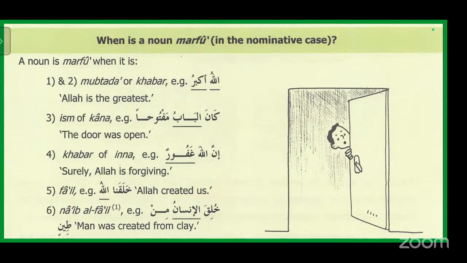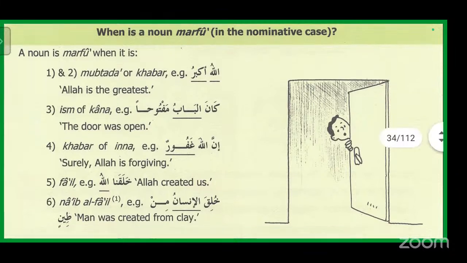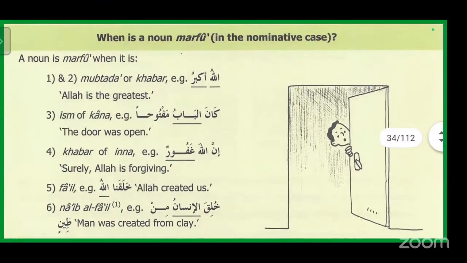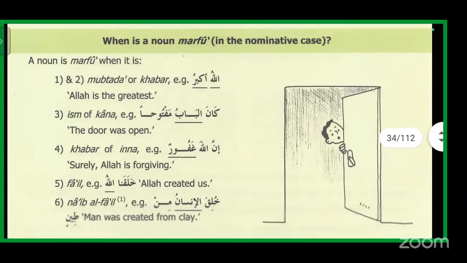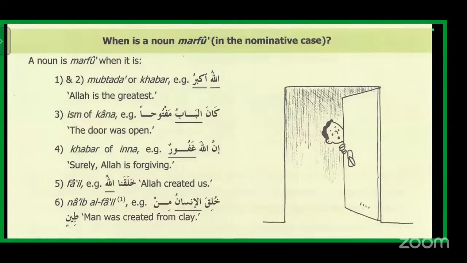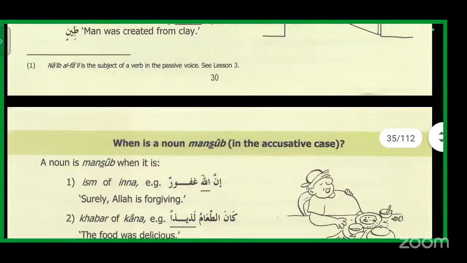Khabar of inna, Allaha ghafurun, surely Allah is forgiving. Ghafur is marfu'un, it's a khabar. Fa'il, example, khalaqana Allahu, Allah created us. Na'ib fa'il, example, khuliqal insanu min tinin, man was created from clay.